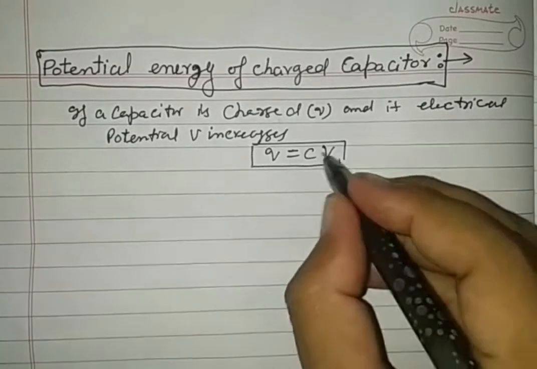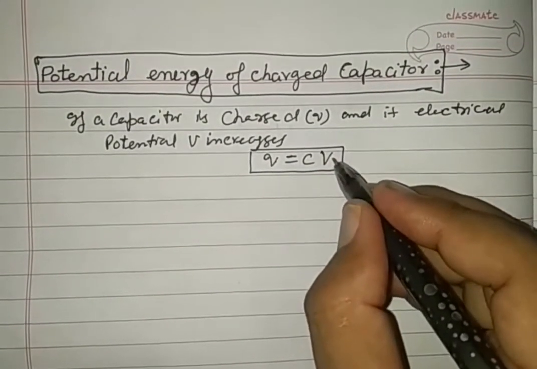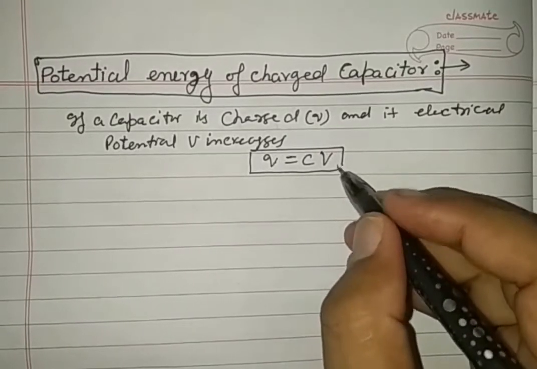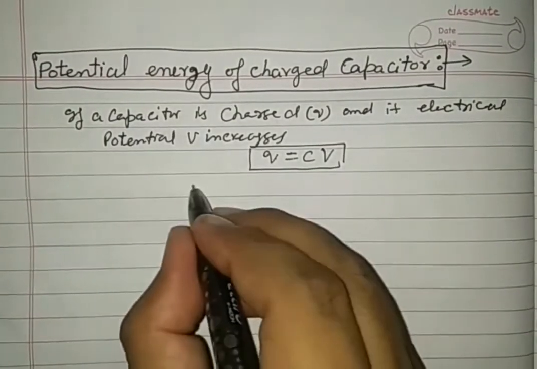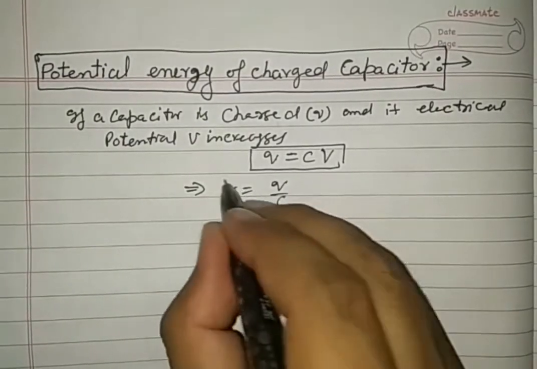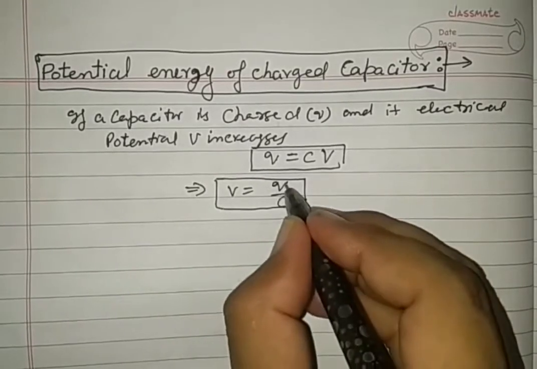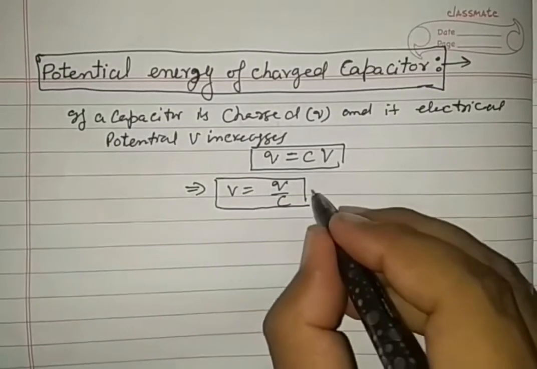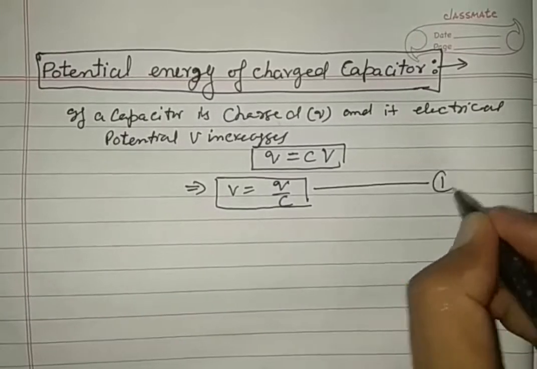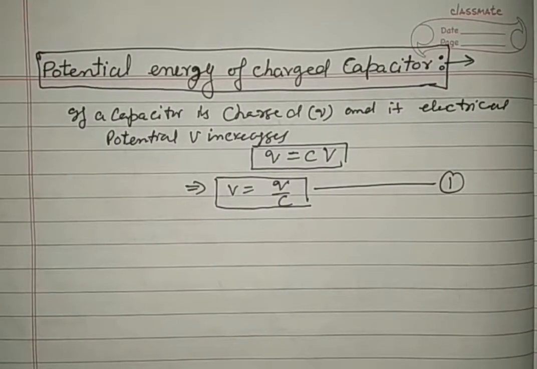So more charge, more electric potential, but the ratio remains constant, and this we have seen in the definition. We may also write V is equal to Q by C. Since C is a constant, on increasing the charge, electric potential will increase. This we are going to write as equation number 1 here. Clear?